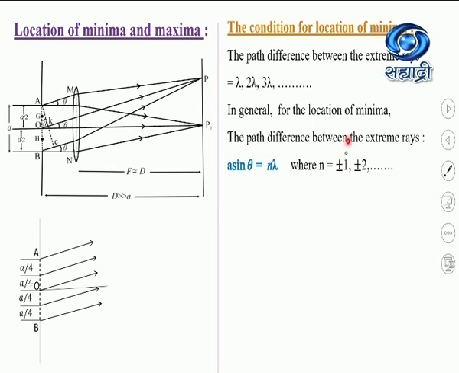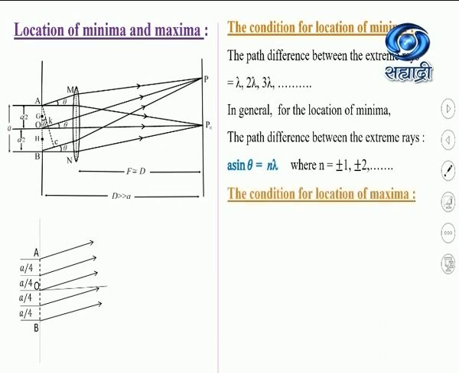So when n is equal to 1, we get a sin theta equal to lambda, and that will be the first dark point in the diffraction pattern on both sides of the central maximum. When n is equal to 2, we get a sin theta equal to 2 lambda. So the second dark point or second minimum is obtained in the diffraction pattern.